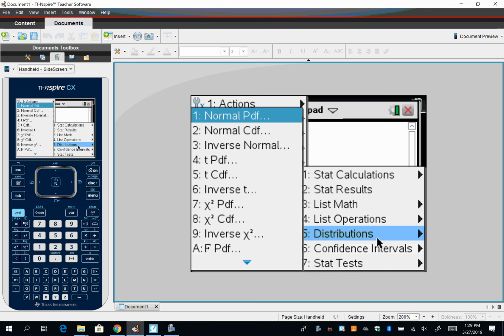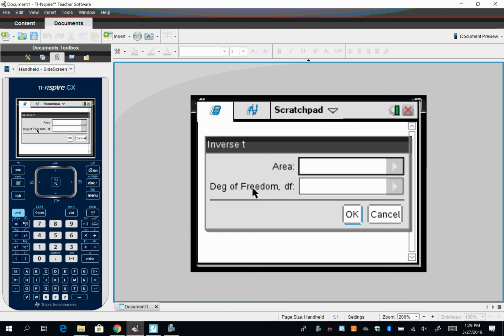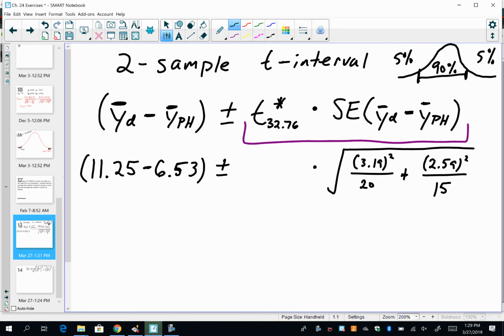All right? So I'm going to use inverse T. Now look back at your curve. Again, there's two options here. You can plug in to find the negative one or the positive one. It doesn't matter. What two options could I plug in where it says area? 5% or 95%. Now it's a decimal, right?